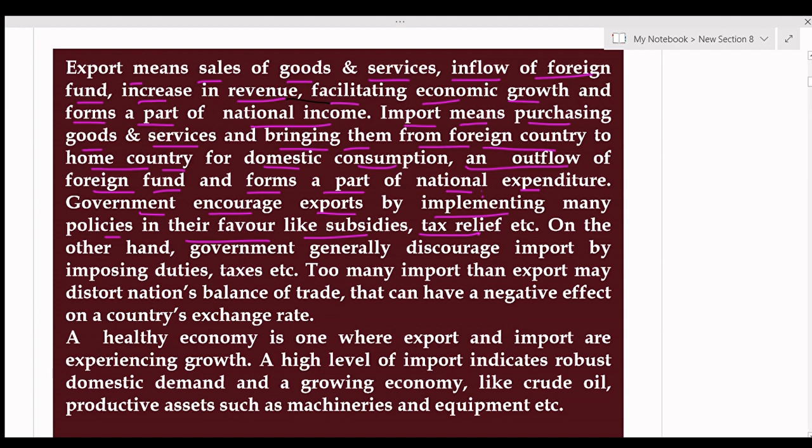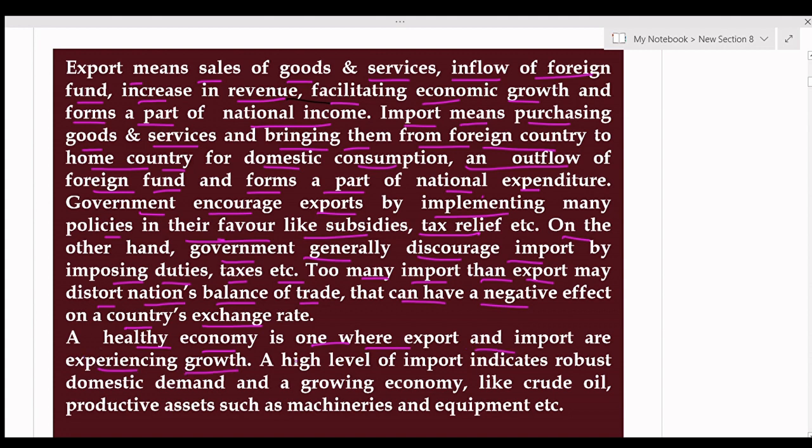On the other hand, government generally discourages import by imposing duties, taxes, etc., to protect the domestic industry for national interest. Too many imports relative to exports may distort the nation's balance of trade, which can have a negative effect on a country's exchange rate. A healthy economy is one where export and import are experiencing growth.